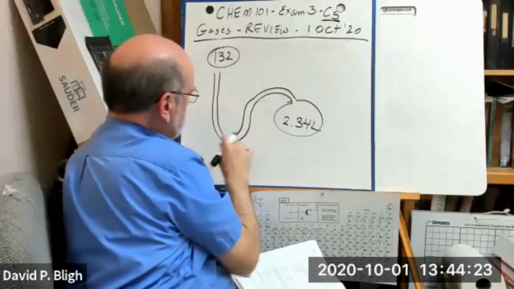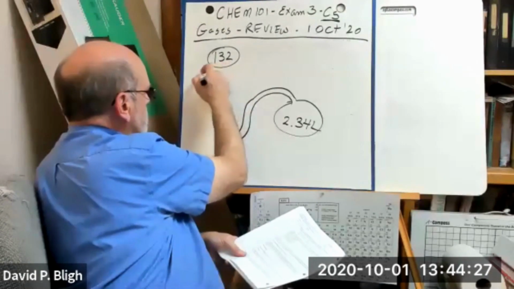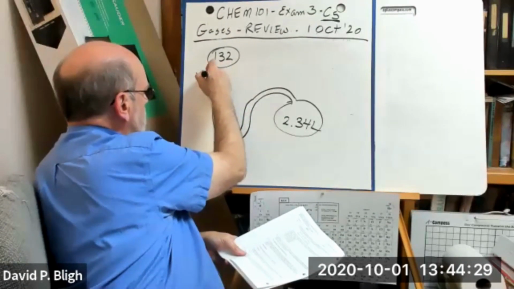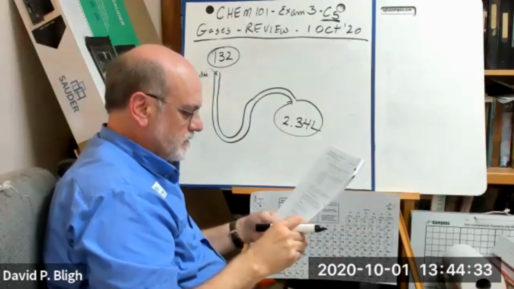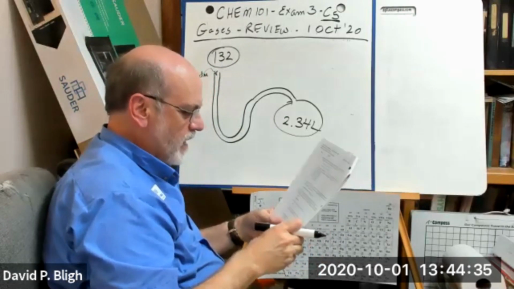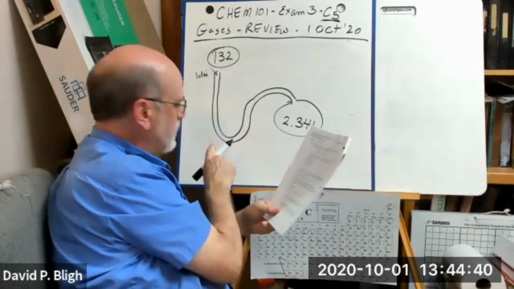Okay, so mercury's in here, and this is 1 atmosphere. Okay, and the level in the arm of the manometer attached to the gas sample is 24.3 torr lower than the arm in the atmosphere.